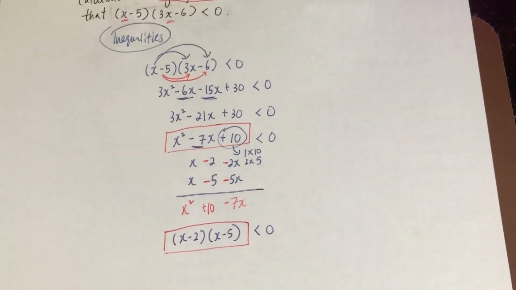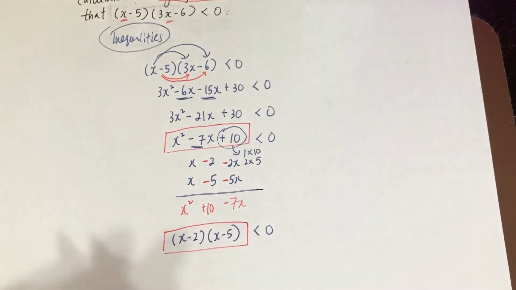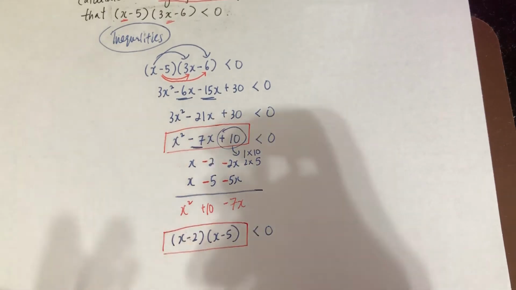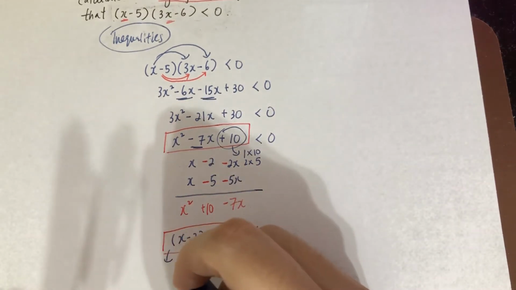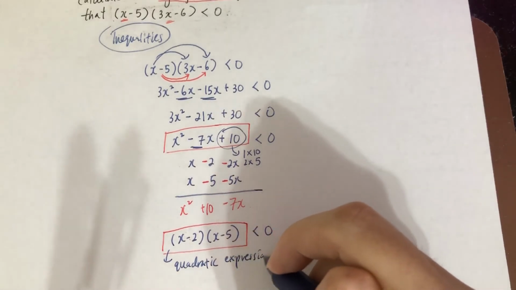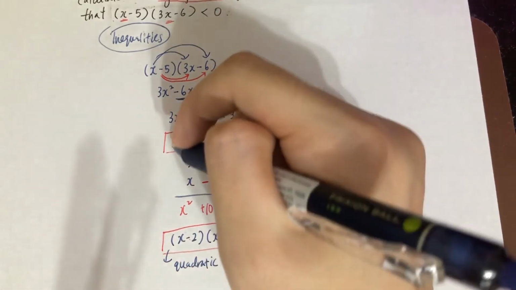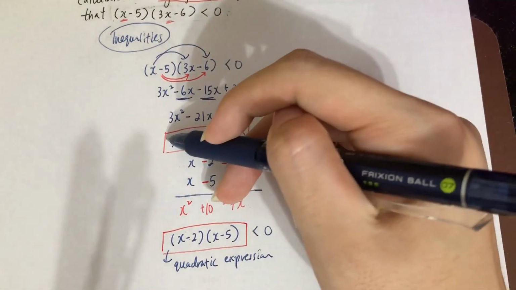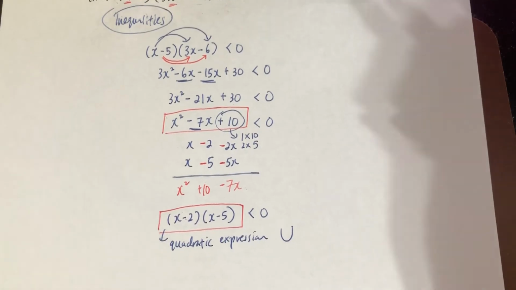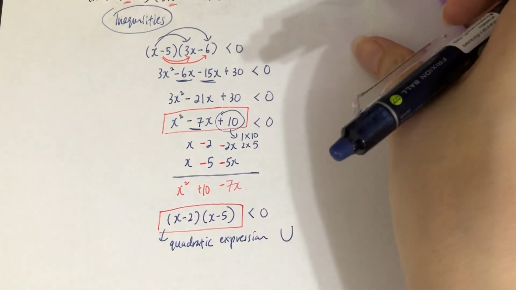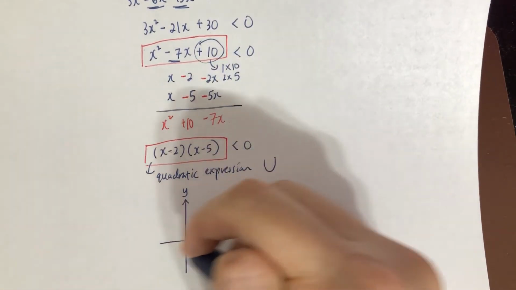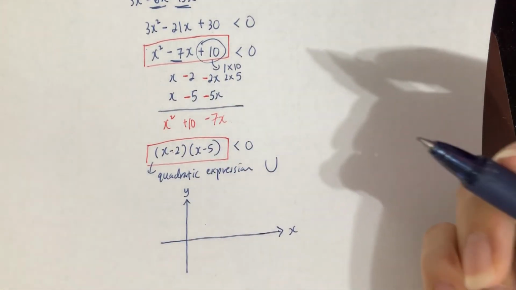Moving on, (x - 2)(x - 5) is less than 0. This is actually a quadratic expression, and since the coefficient of the x squared term is a positive 1, it should be a U-shaped graph. So how we would sketch this is, just sketch your y and x axes.